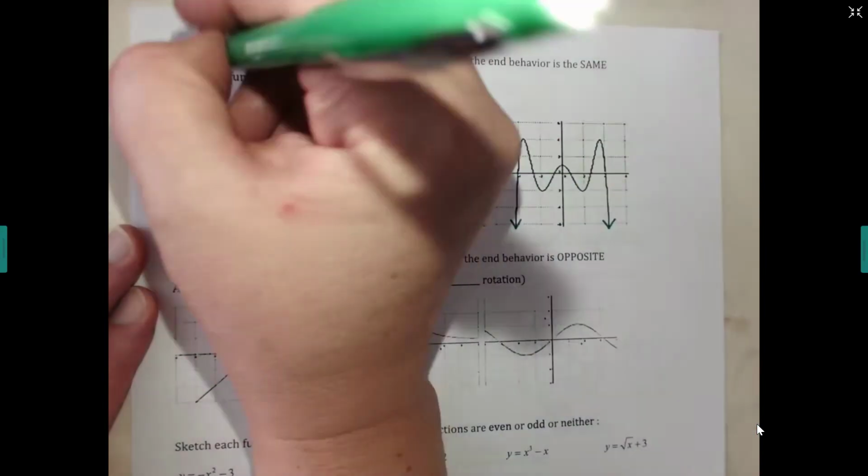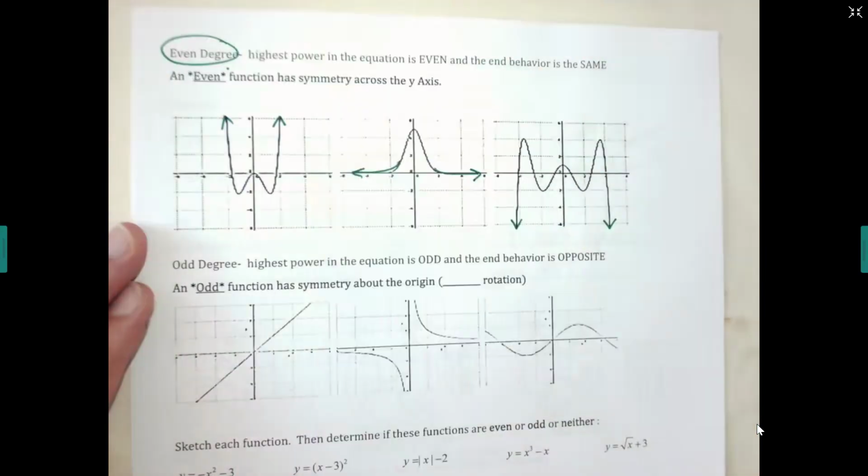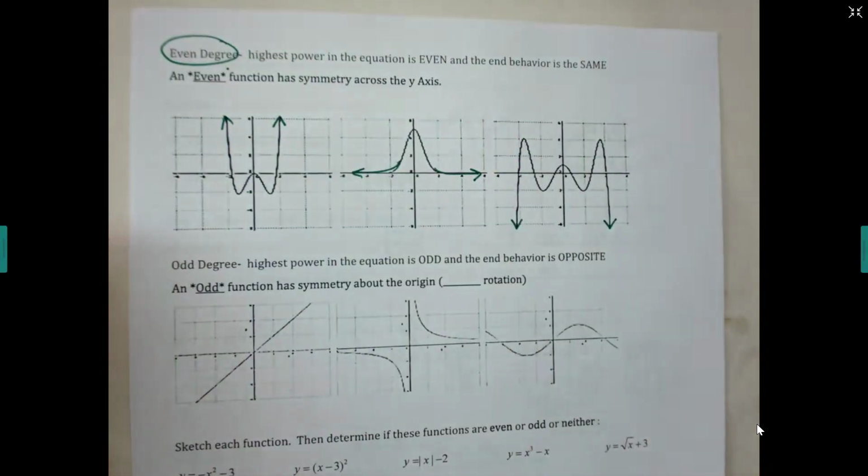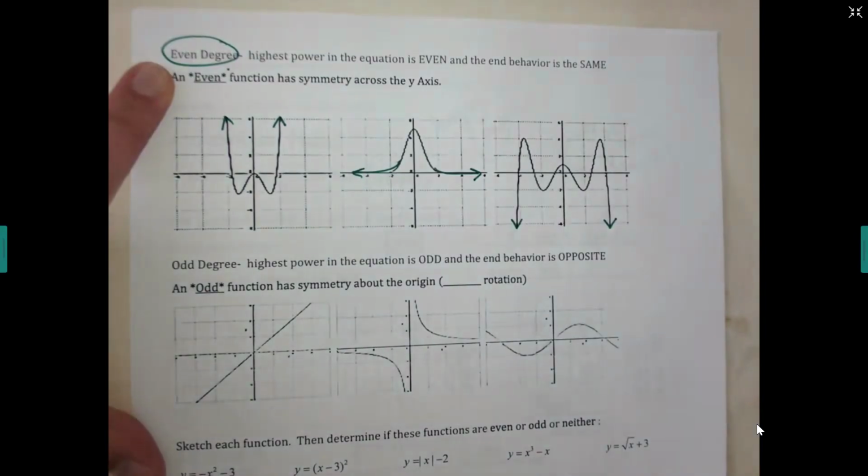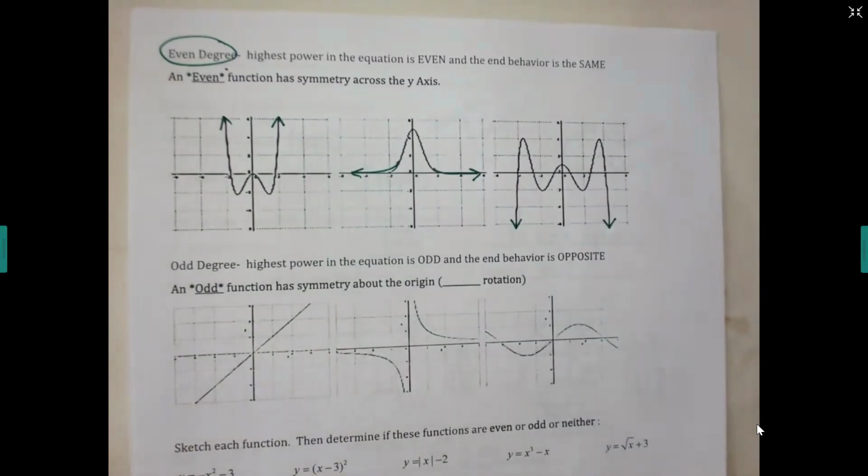These are all considered even degree functions. Now, even degree and even aren't exactly the same thing. For even degree, your ends just have to do the same. But for it to be truly even, the y-axis has to cut your graph in half and give you symmetry. So all of these graphs are both even and even degree.